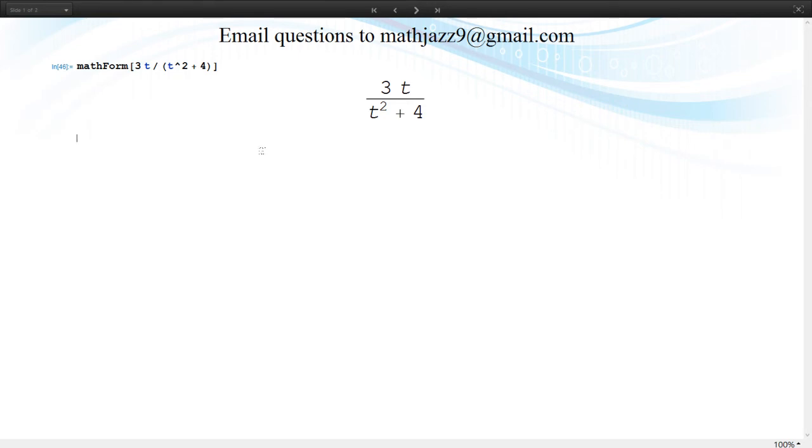So, the first thing we're going to do is let u equal t squared plus 4.